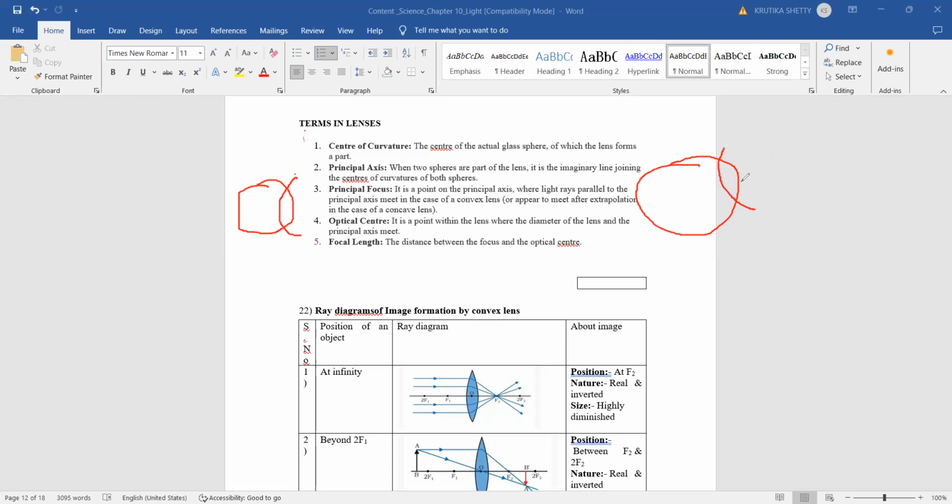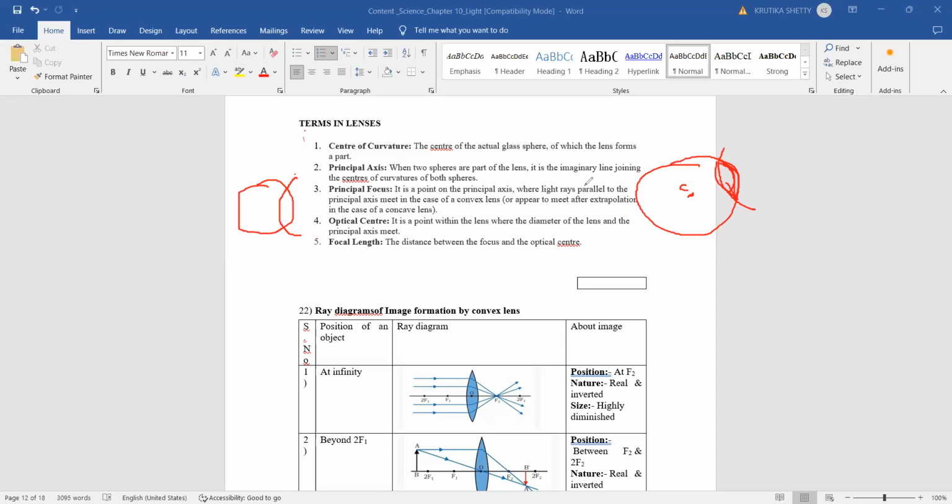When you cut this part, the portion you get will form the concave lens. Here, the center of the actual glass sphere is called the center of curvature. This point C is the center of curvature.